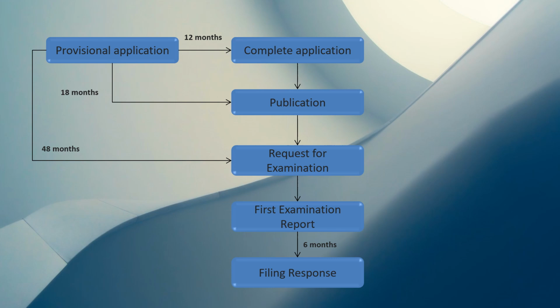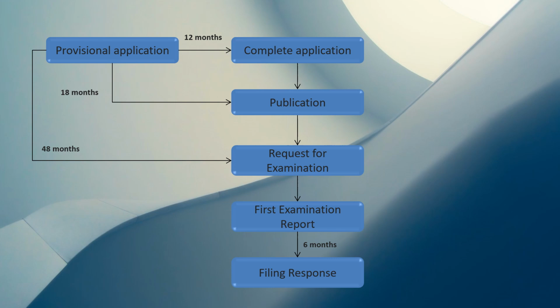Only after this form is filed will the patent examiner examine the application. So it's very important to file this form. If it is not filed, the application will be considered abandoned.